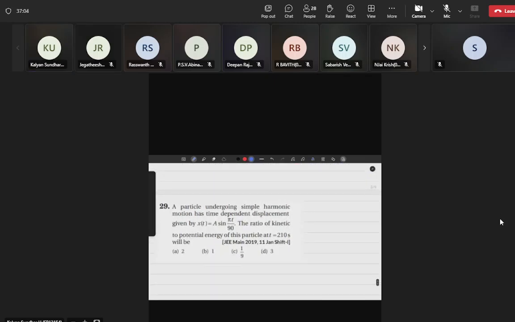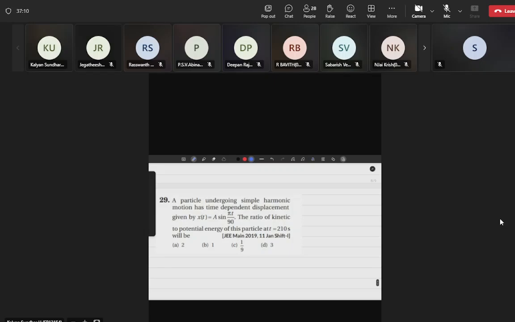Potential energy is half k x square, which is nothing but half m omega square x square, the same as the spring potential energy. Kinetic energy is half m v square, and v is omega times under root of A square minus x square.